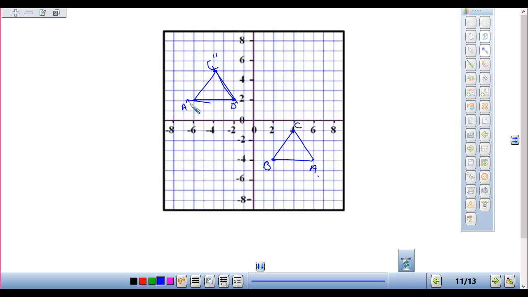Now, let's do this again. Remember, ABC to A double prime, B double prime, C double prime. It's like a mapping. So where did this move? Careful. You got to go from ABC. What did it do?